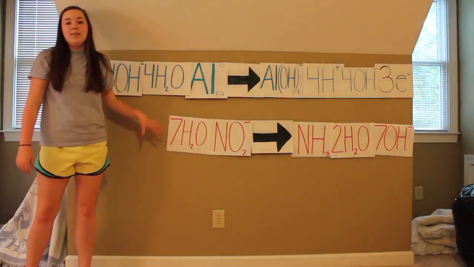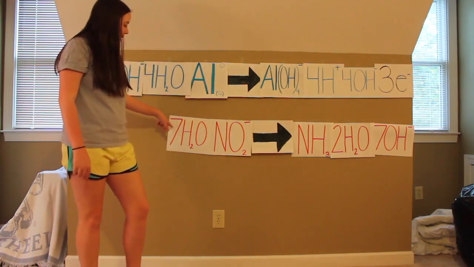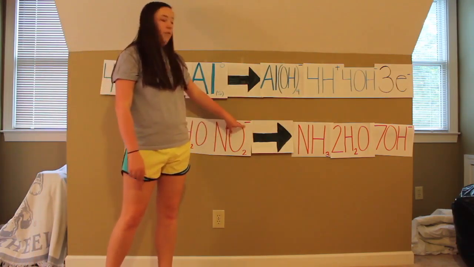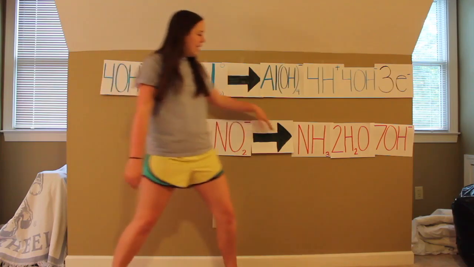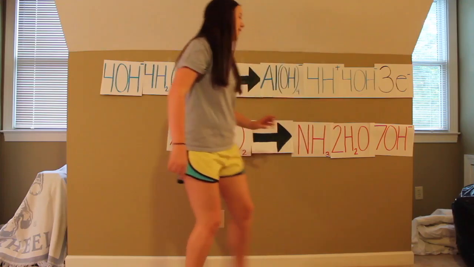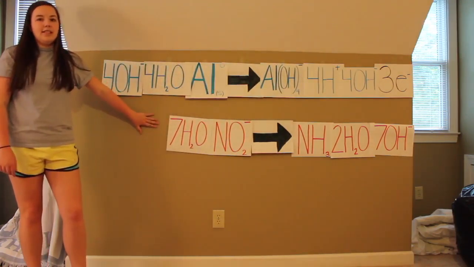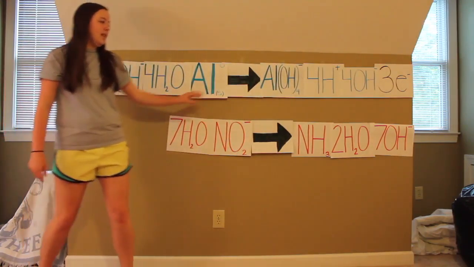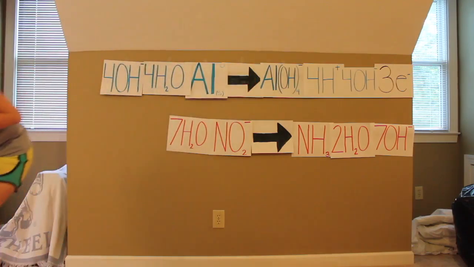And the last thing we need to do is balance charge. So here we have a neutral and then 1 minus on the reactant side. Here it's neutral, neutral, and 7 minus. So we need to add 6 electrons to this side. So we'll have a total of 7 minus and 7 minus on both sides.